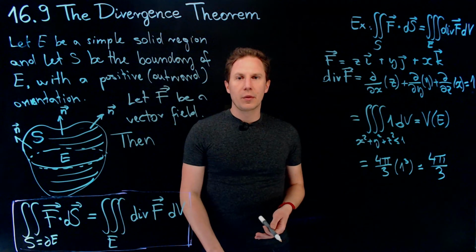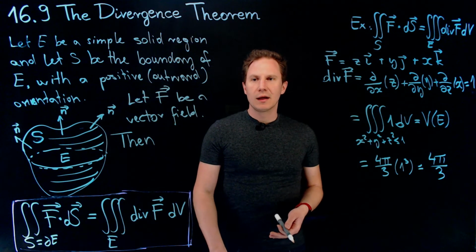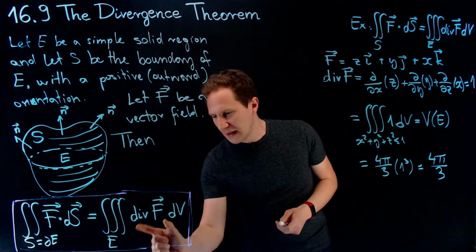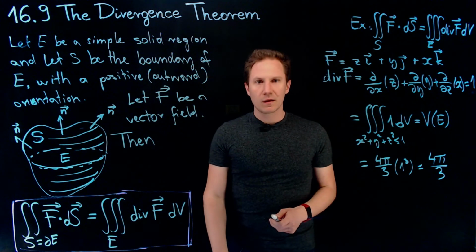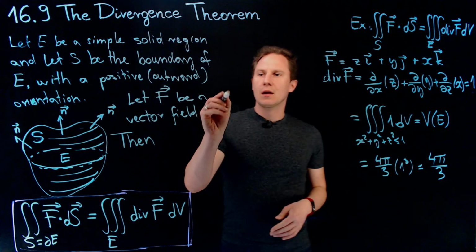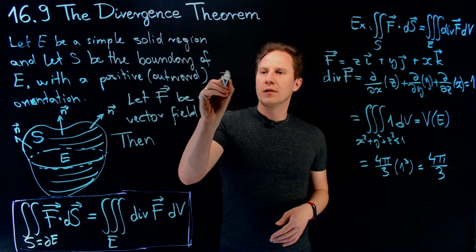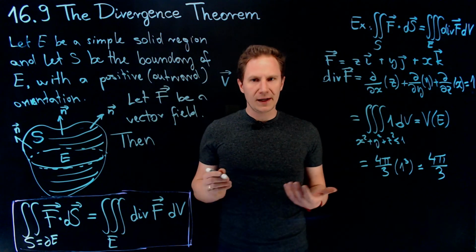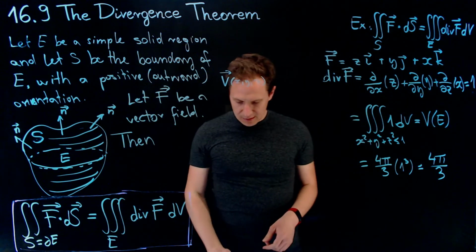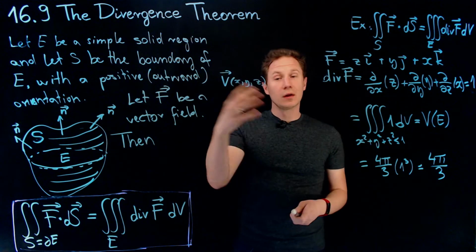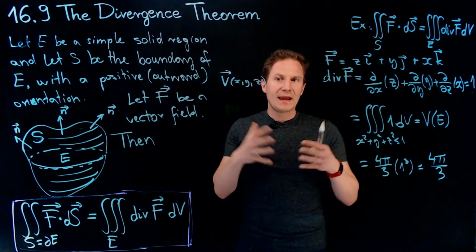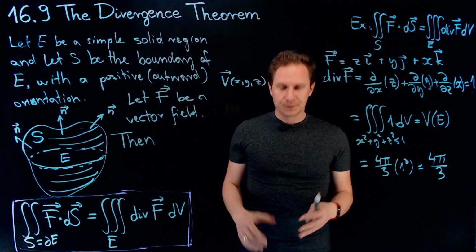Now, another thing we should mention is that this divergence theorem can be used to understand what the divergence actually means. So if we have a certain fluid with the velocity field given by some vector field F of x, y, and z, then this velocity field will be giving us the rate of flow per unit area.